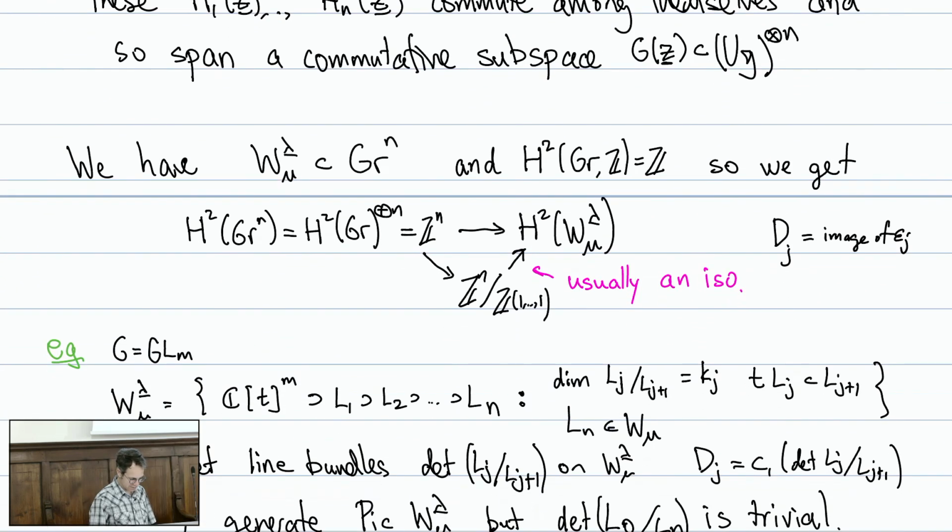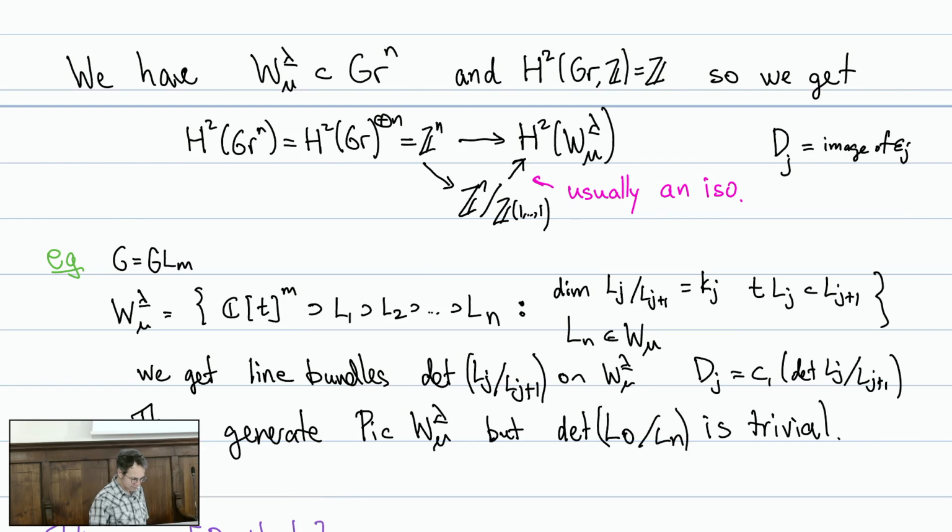So to understand this a little better, let's look at an example. Let's pass to GL_m. As I mentioned before, you can think of these affine Grassmannians for GL_m as being spaces of lattices. So in particular, we can think of the following convolution variety. We have lambda with an underline, and maybe I should be a little more precise.